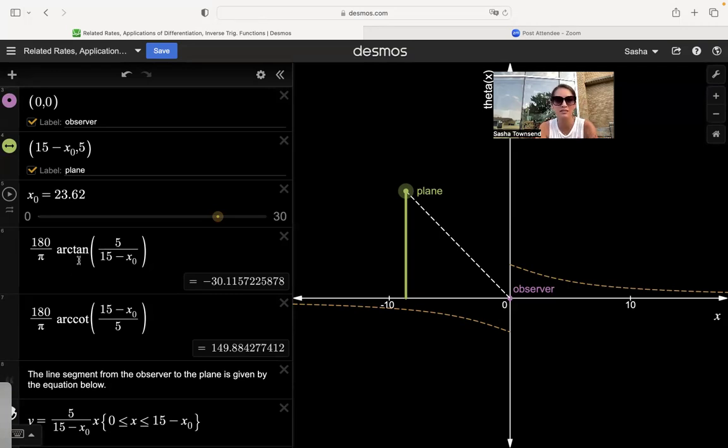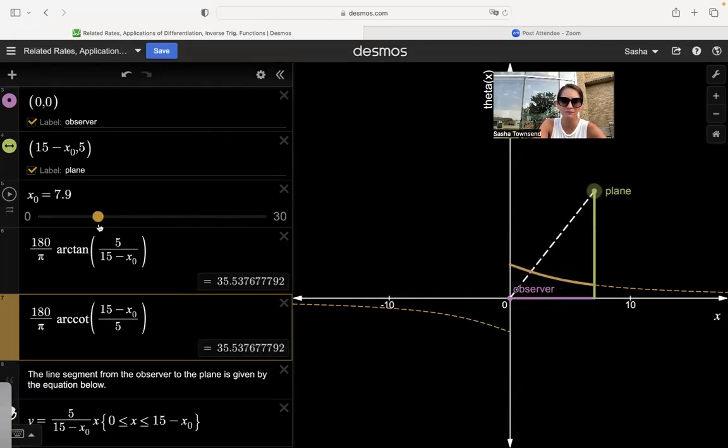Remember, we restricted ourselves to the interval from negative 90 degrees to 90 degrees. So the arctangent is always going to give us angles between negative 90 degrees and 90 degrees if we convert to degrees by multiplying by 180 over pi. But the arccotangent is always going to return angles between 0 and pi. Since we're looking for an angle between 0 and pi, it makes more sense to use the arccotangent function as opposed to the arctangent function.